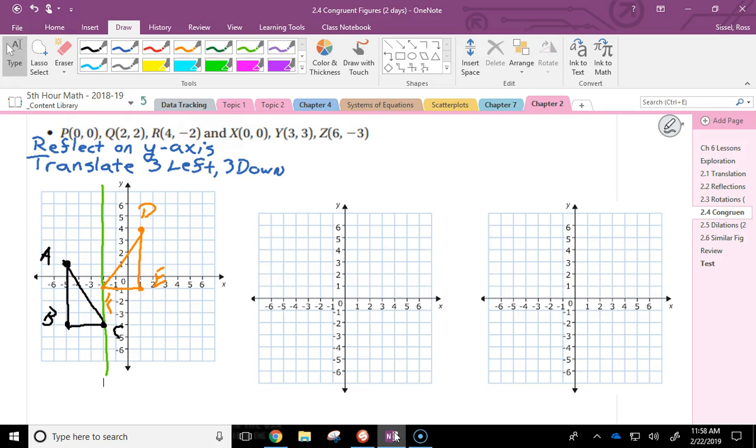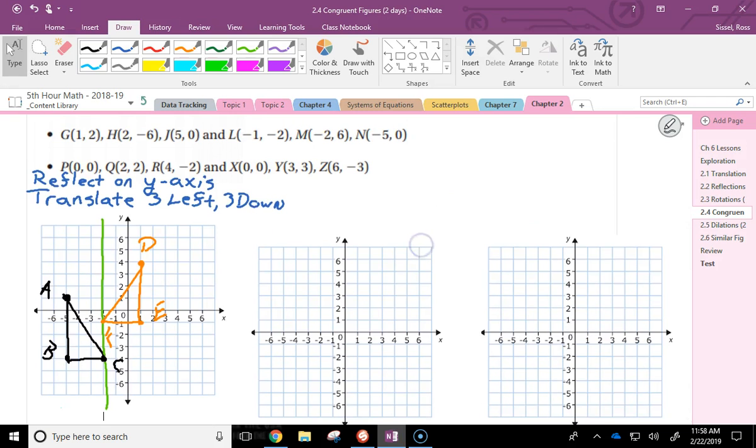So, if we ask you to do something in the least amount of steps, we need to look for that. This one would have been to reflect at x equals -2, translate 3 up. This way works. Okay, so here's what we're going to look at now. You have a second one. We're going to do the same thing.